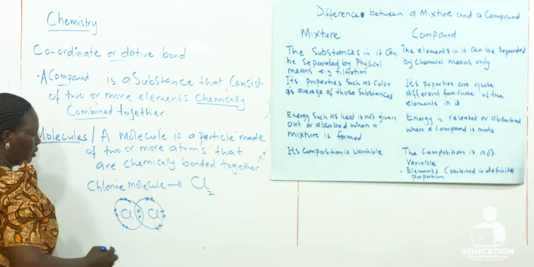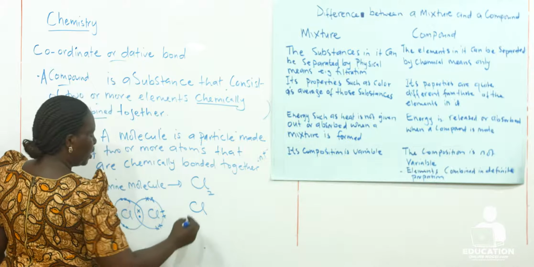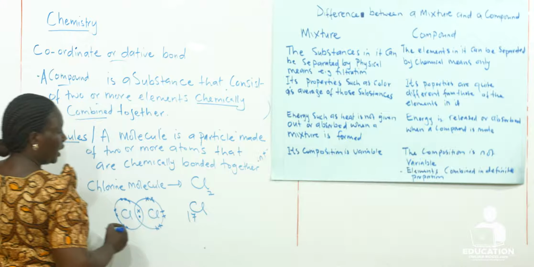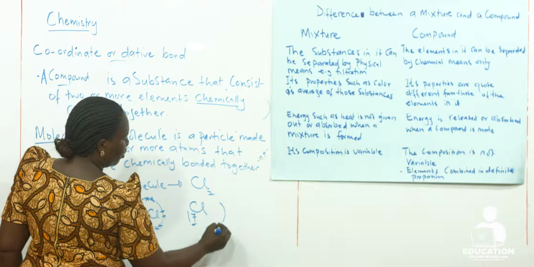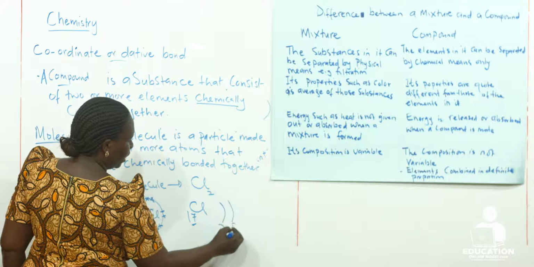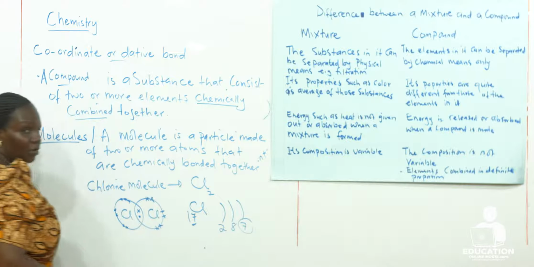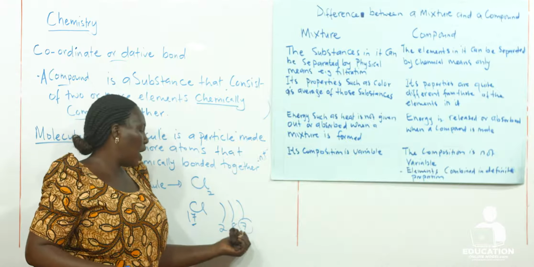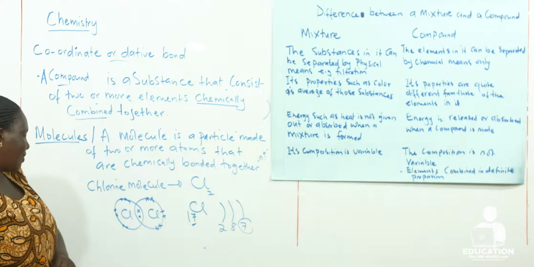Because we said chlorine atom has got 17 electrons, or the atomic number of chlorine is 17. The electronic configuration is 2, 8, 7. That is 7 electrons in the outermost shell. Chlorine needs only 1 electron to have 8 electrons in the outermost shell in order to gain stability.